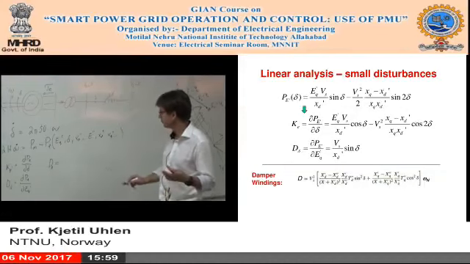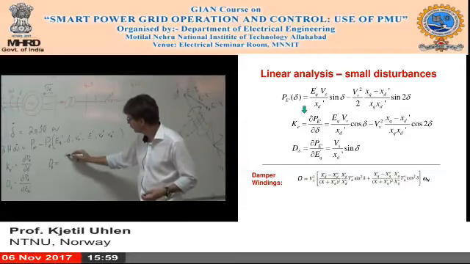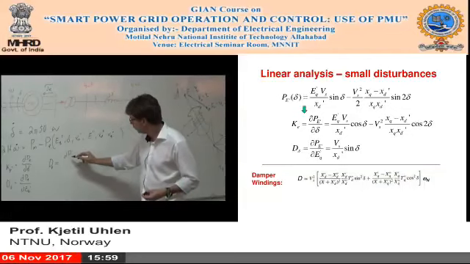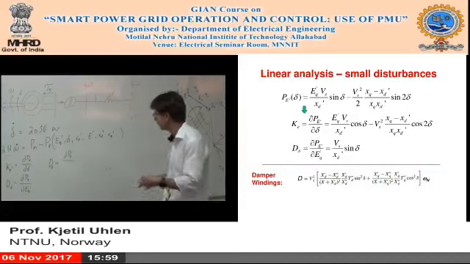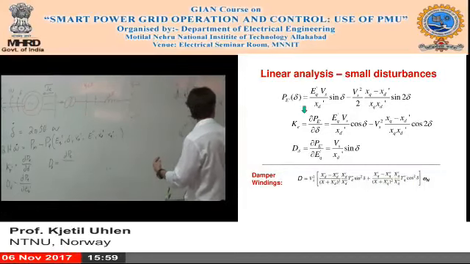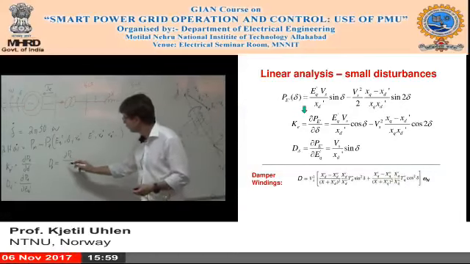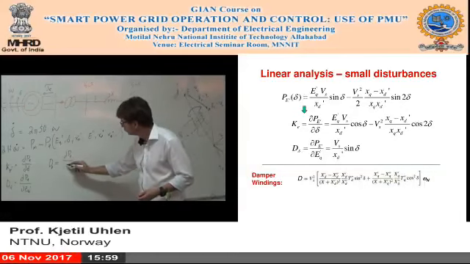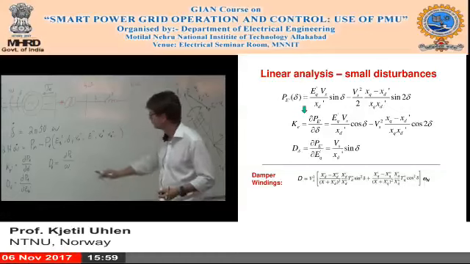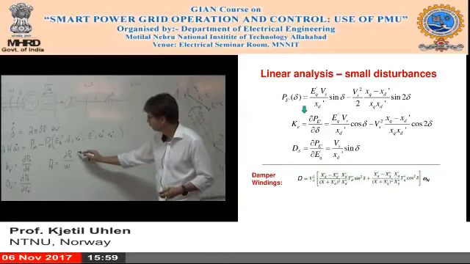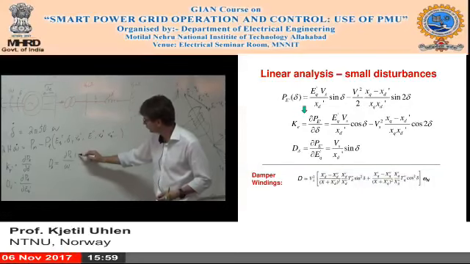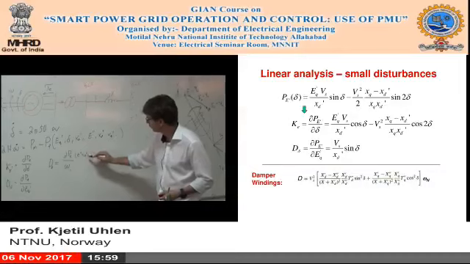The damping coefficient due to the damper windings is sort of the partial derivative of the electric power with respect to omega, of the things that influence the electric power from the subtransient part.